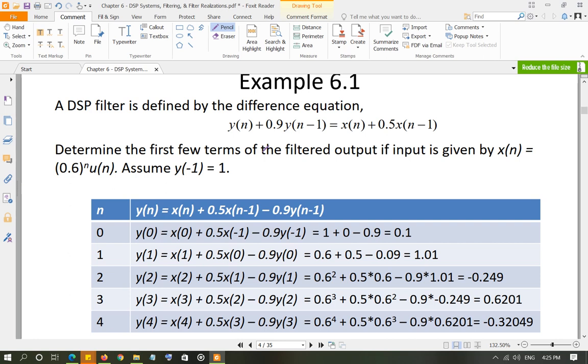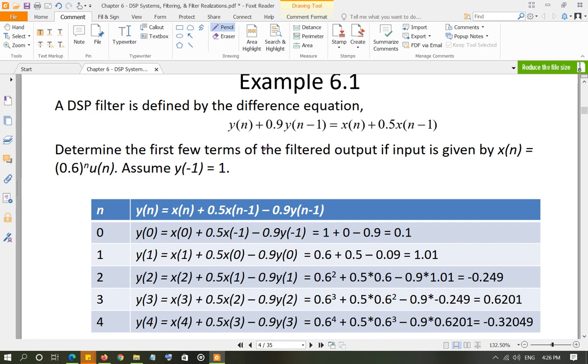And again, what is the difference? If the filter impulse response is comprised of an infinite number of terms, it is an infinite impulse response, or IIR filter. And if the filter's response is comprised of a finite number of terms, then it is a finite impulse response, or what we call FIR filter.